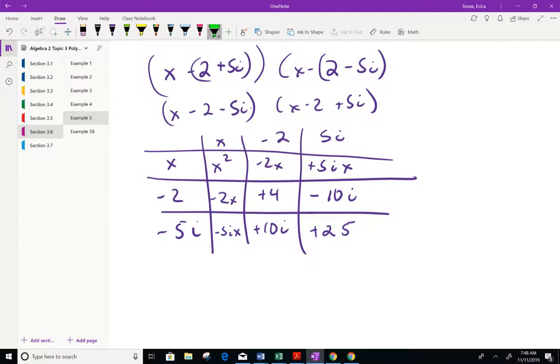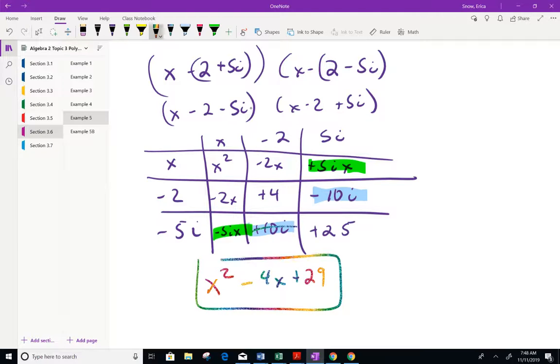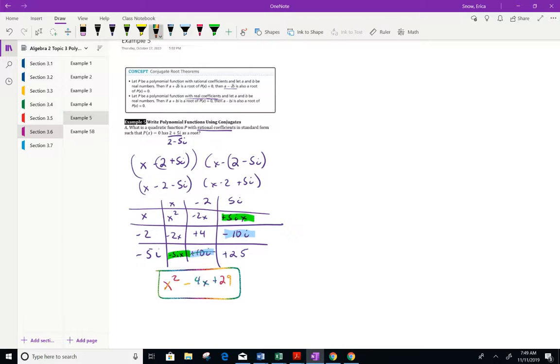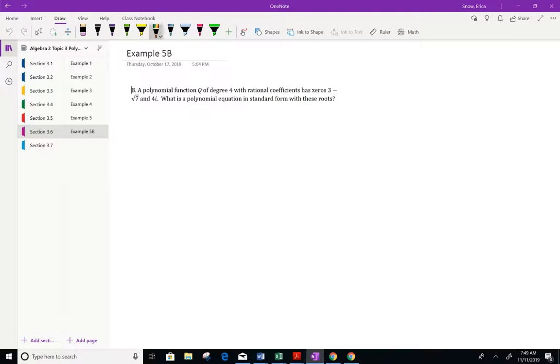And so again, your 5ix's cancel and your 10i's cancel. And so we can combine our like terms. So we have x squared, negative 2x, so that's going to be negative 4x plus 29. And there is our polynomial. And what would happen is if we went back and used the quadratic formula, we would get back to these being our roots.